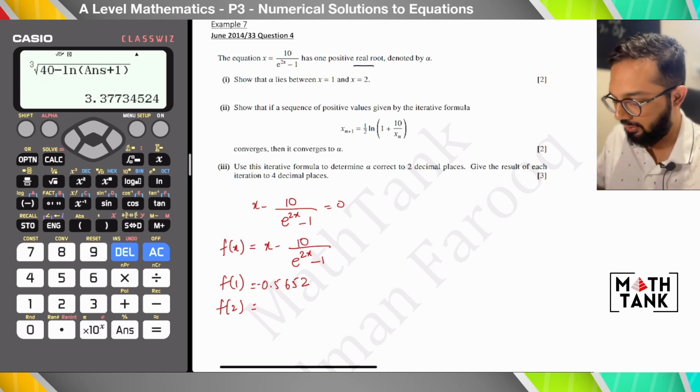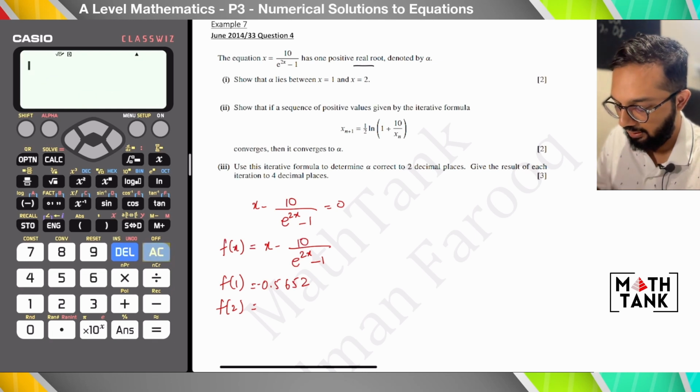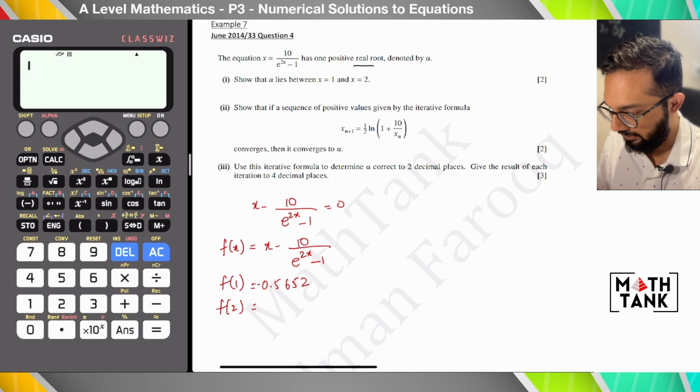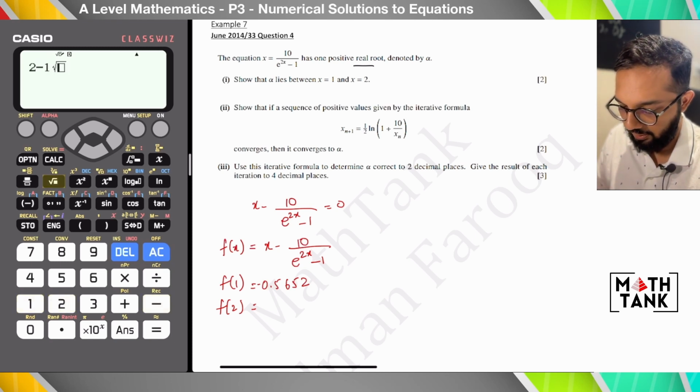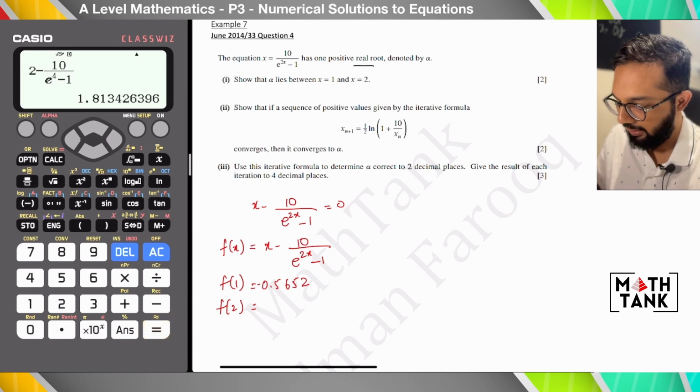Now I'm going to plug in 2. Oh, I should be doing this on the screen calculator. Okay, let's do that. So f of 2, so 2 minus 10 over e power 4 minus 1, that gives me 1.813.